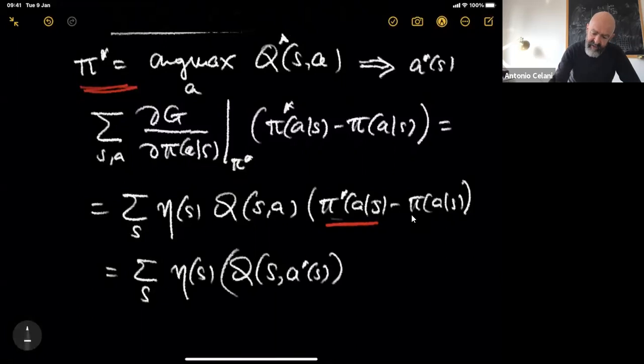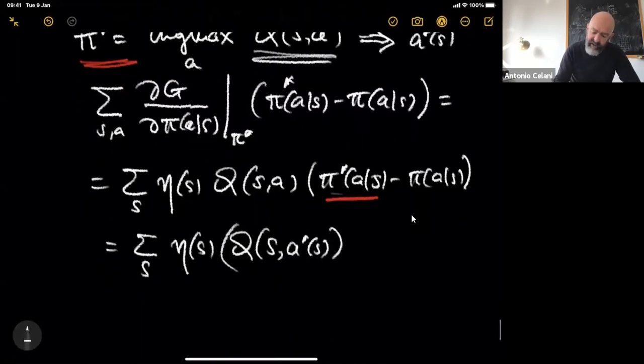For every state, I pick the best action, according to the one in this matrix that gives me the largest amount. So this is multiplied. This is the first sum here. And then I have minus the sum over A of pi(A|S) Q star. Okay, this was a Q star.